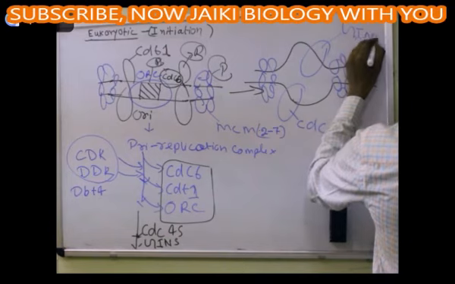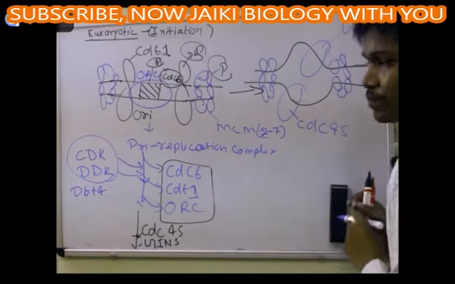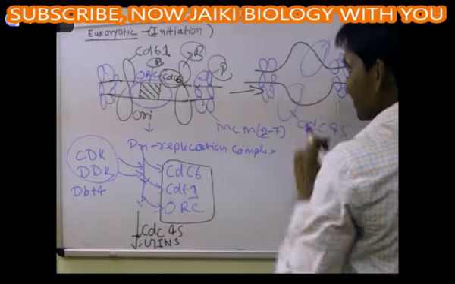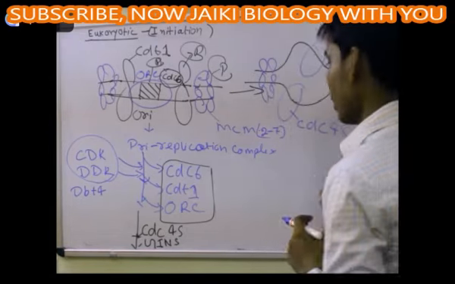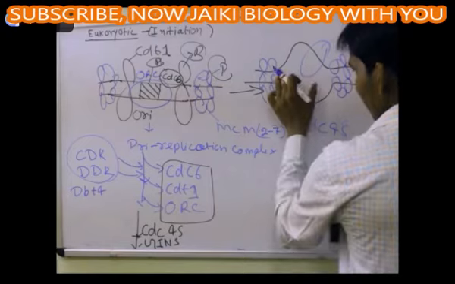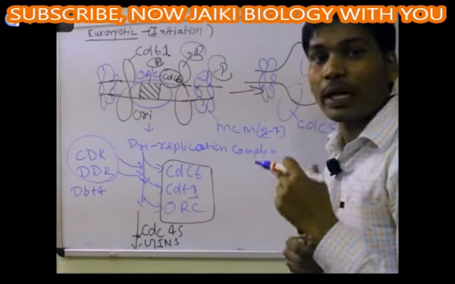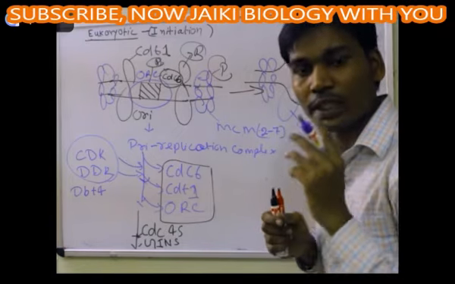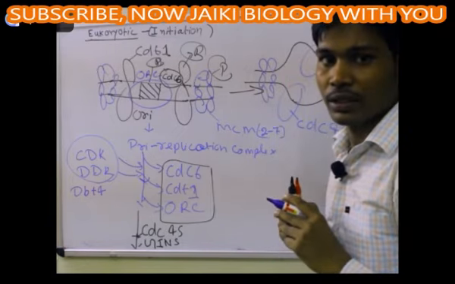These 2 proteins help to melt the DNA sequences. After melting, they create sites for attachment of the polymerases, and you know that eukaryotic DNA requires different DNA polymerases for synthesizing, while prokaryotic DNA sequences only require DNA polymerase III.